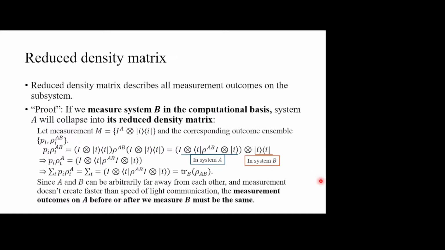Here we have a theorem that says that the reduced density matrix actually describes all the measurement outcomes on a subsystem, and this is why we like the reduced density matrix, because it describes a subsystem of your entangled system.